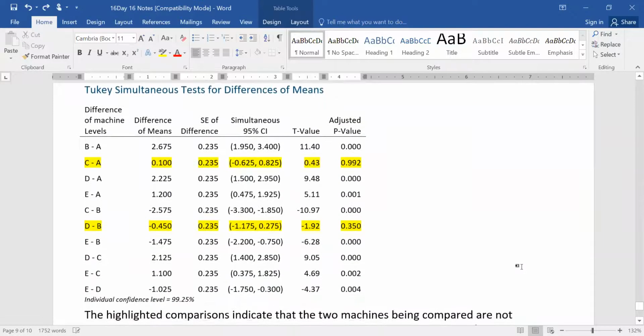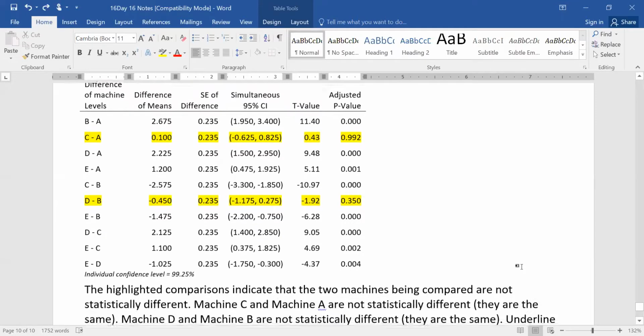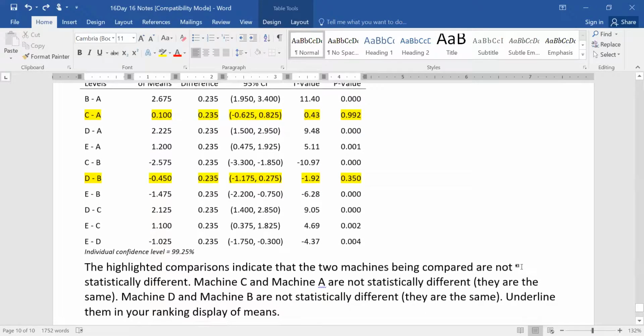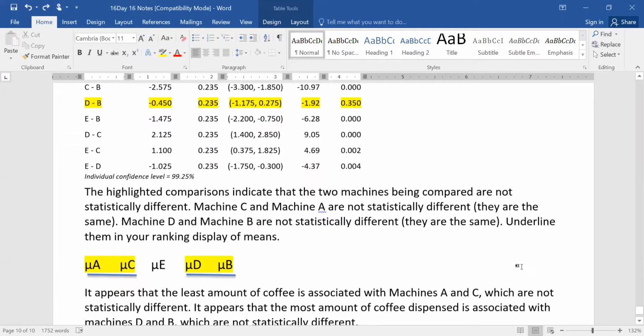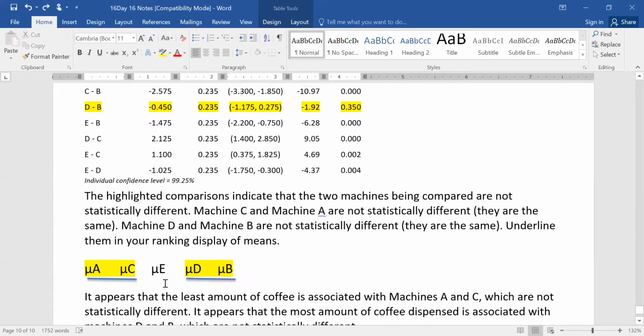I highlighted what was the same, because I know we're studying what's different, but there are so many that are different. So when I did that, remember I'm underlining things that are the same when I'm looking at my means. Here's my ranked means down below, and I'm going to underline the ones that are the same. Remember the ranked means, it's not just A, B, C, D, E, right? They're ranked already. I did this before my test, smallest to largest, okay?